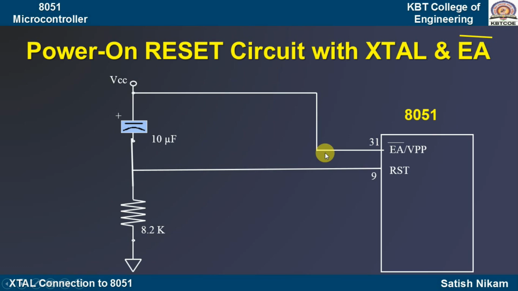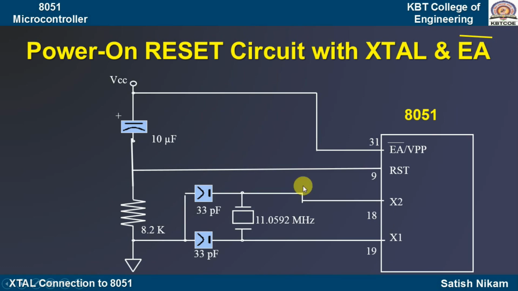Next part, as we have already discussed the crystal oscillator circuit. Crystal oscillator circuit is connected to pin number 18 and 19, and this is what the crystal oscillator circuit we have connected, that is 11.0592 megahertz and 33 picofarad. Two capacitors are there, and one terminal of it is get connected to ground, and another terminals are connected to pin number 18 and 19.